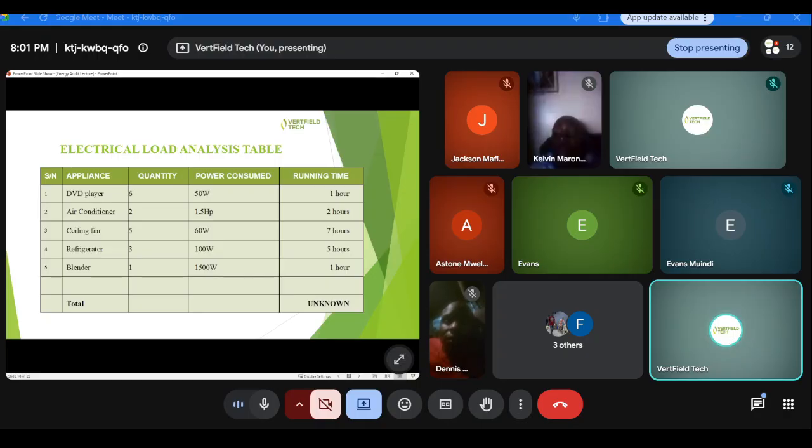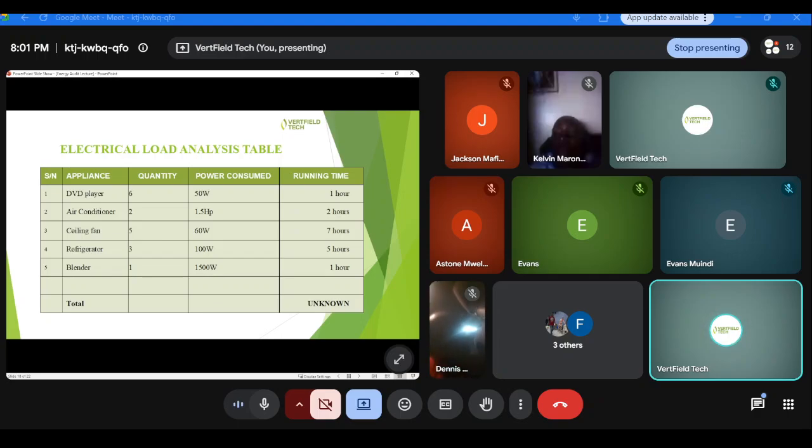For the DVD player, the quantity is 6, the power consumed is 50 watts, the running time is 1 hour. For the air conditioner, the quantity is 2, the power consumed is 1.5 horsepower, the running time is 2 hours. For the ceiling fan, the quantity is 5, the power consumed is 60 watts, the running time is 7 hours.